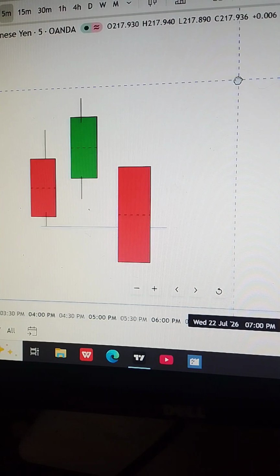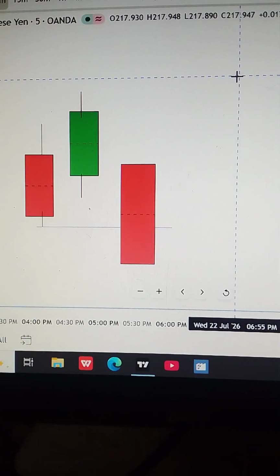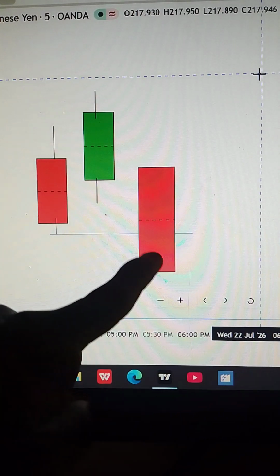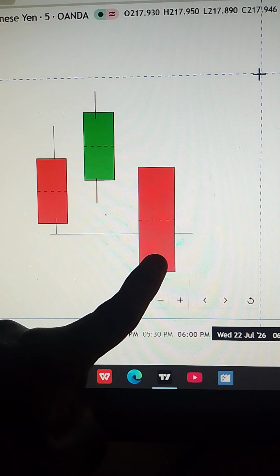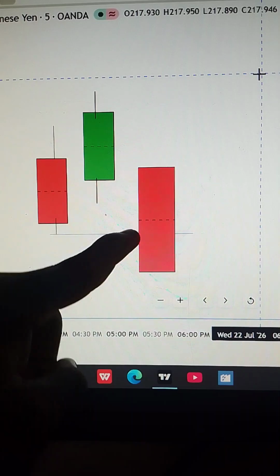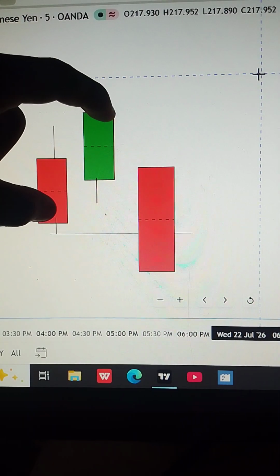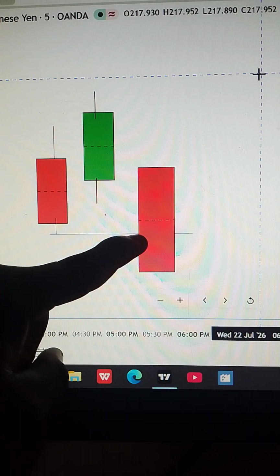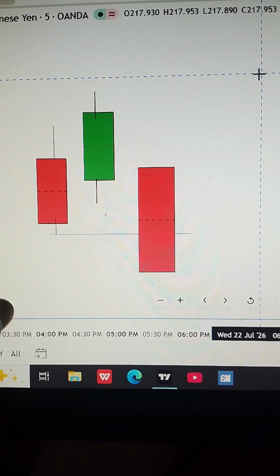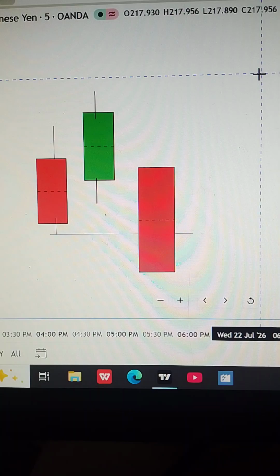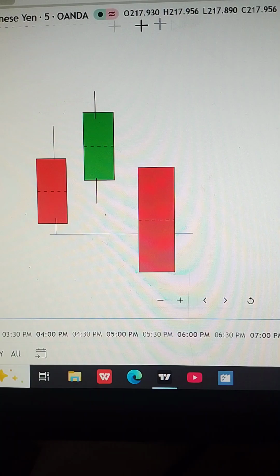When the bearish candlestick closes below this wick, the support is breaking, so the market continues to sell, and you add more positions here. So that is a support.